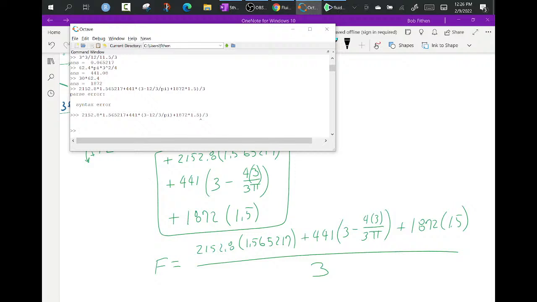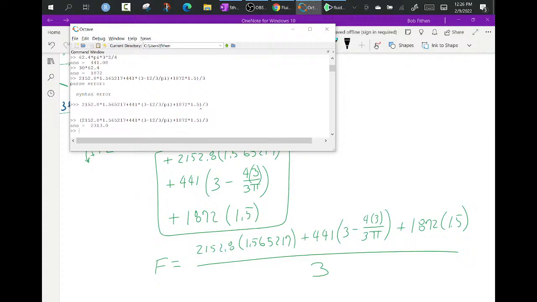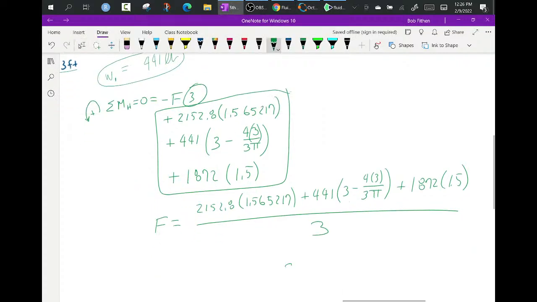And I got a problem. I think my problem is I thought I put a parenthesis right there, but I guess I didn't. So 2313 roughly.